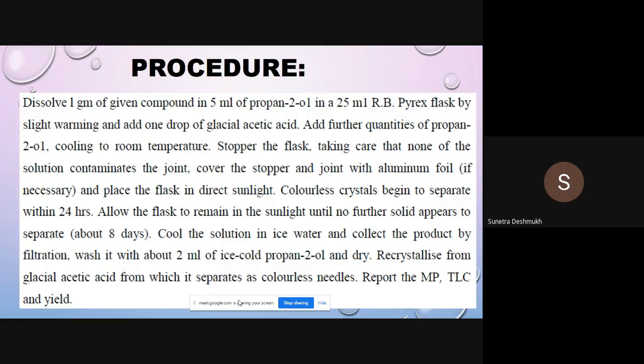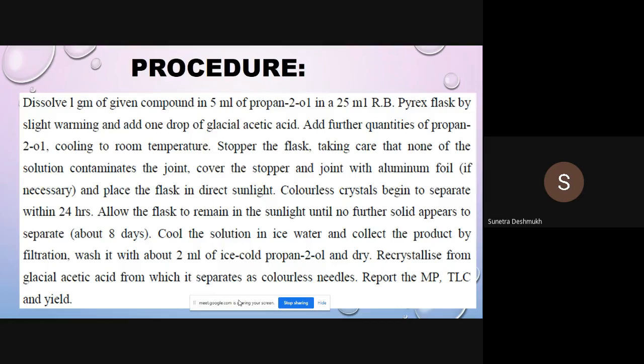Okay, about 8 days. Cool the solution in ice water, collect the product by filtration, wash it with about 2 ml ice cold propanol and dry it. So, very easy reaction. Recrystallize from glacial acetic acid, from which it separates as colorless needles, and report yield, TLC and melting point.